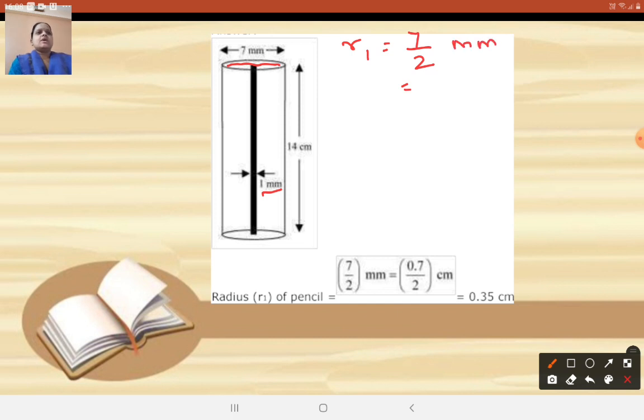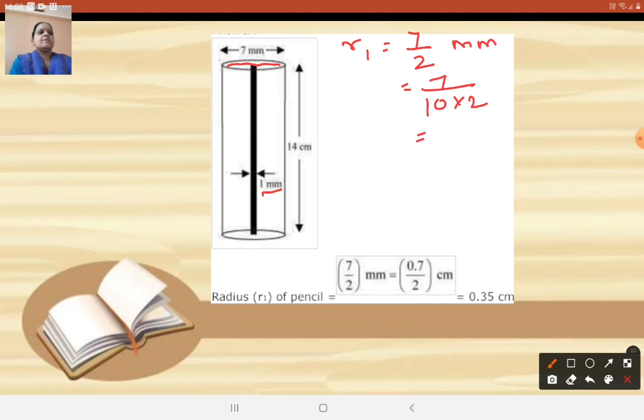Now convert it into centimeter. So what we will do? 7 by 10. When you are converting a smaller to a bigger unit, you have to divide by 10. So 7 by 10 and here 2 will remain as it is in the denominator.